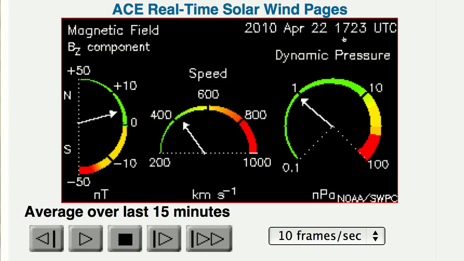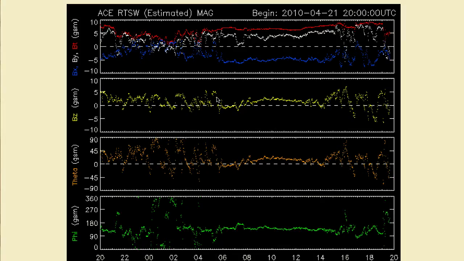Right around 1500 UTC, we're seeing this swing back and forth with the BZ component of the Earth's magnetic field. Visually, it maps out like this. This is the previous disturbance from the last watch. Then we had this more or less calm period. And now we're moving into this period where the BZ component is swinging.